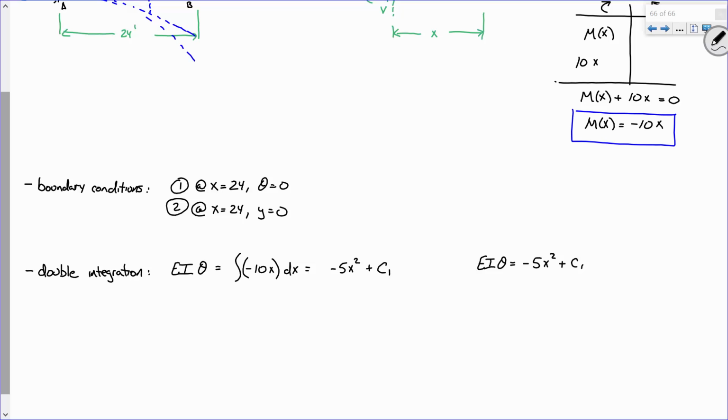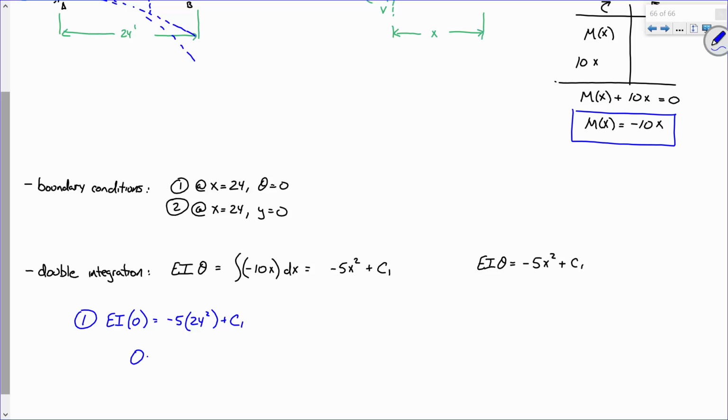Can anybody see something we can go ahead and do right now? We can solve for C1 because we can use that first boundary condition. Let's just go ahead and do it. So boundary condition 1: EI times the slope of 0 is minus 5 times 24 squared plus C1.